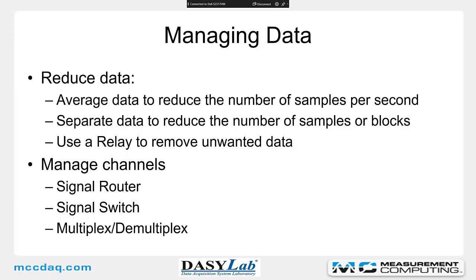And you can also use a relay to remove unwanted data. So for example, just a simple switch relay to control your data flow. You can use a relay to remove unwanted data.